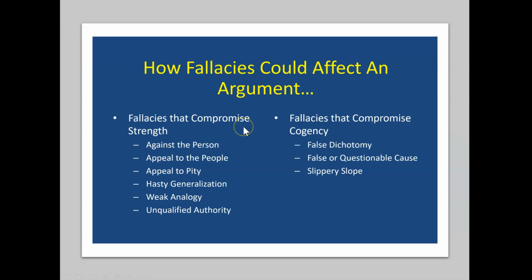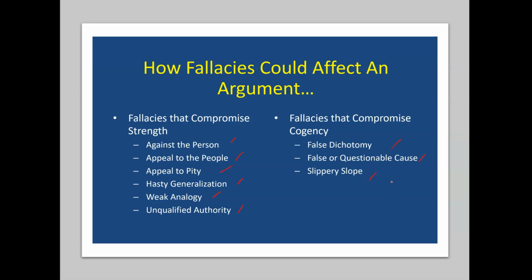So the ones that would compromise strength and possibly lead to the argument being weak are known as against the person, appeal to the people, appeal to pity, hasty generalization, weak analogy, and unqualified authority. And then ones that, if they were present in an argument, might, as a premise, for instance, compromise cogency, would be false dichotomy, false or questionable cause, and slippery slope. These might render a logically strong argument uncogent.